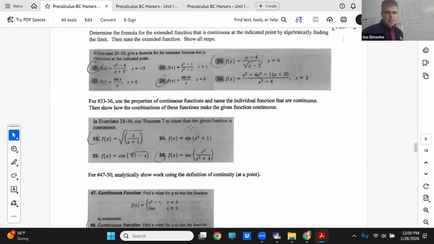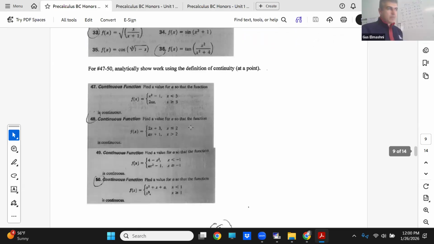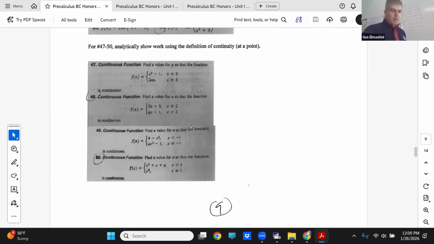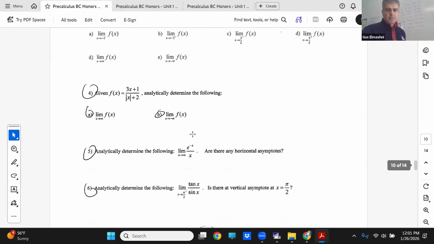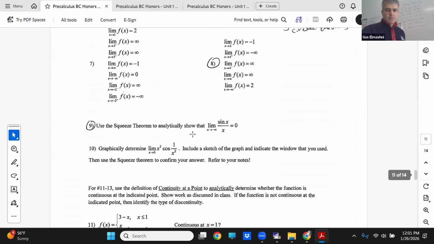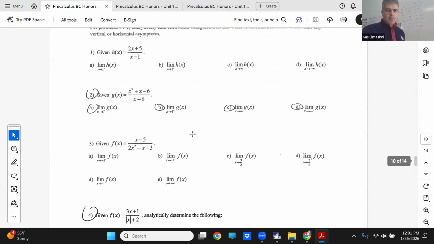Page 9. 25, 28, 29. 48, 50. And page 10.